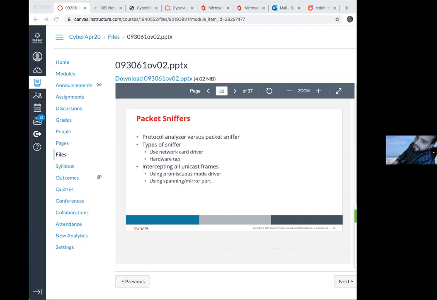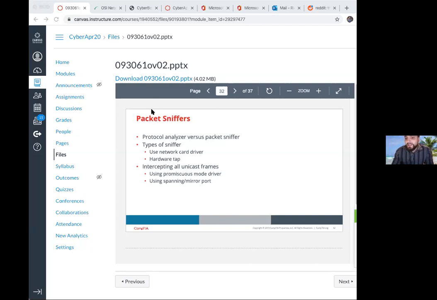You can use a network card driver to do that, or you could use a tap. A tap meaning literally just like tapping people's phones. So you would put a tap on a network to see what type of packets are going through it. And when we capture these frames, we can see what's going on.